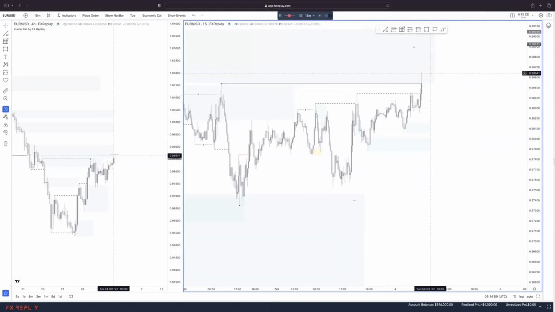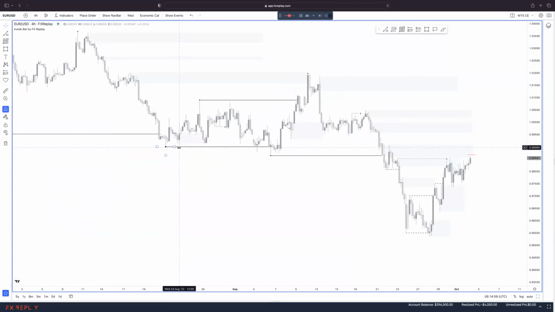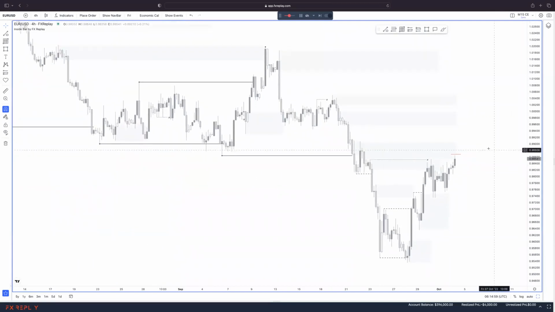So obviously within this range, a few potential entry POIs. We've mitigated our high probability supply now, which makes it a lot more aggressive to be looking for buys in M15. How aggressive? It's up to you. Personally, if you look at the 4-hour, this is a high probability 4-hour POI, swap liquidity coming into it.